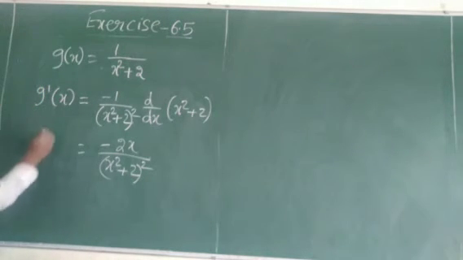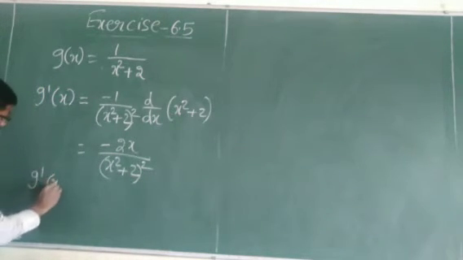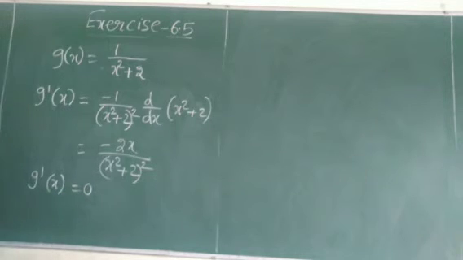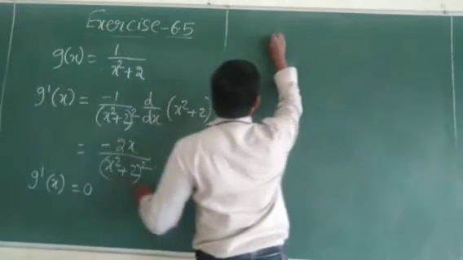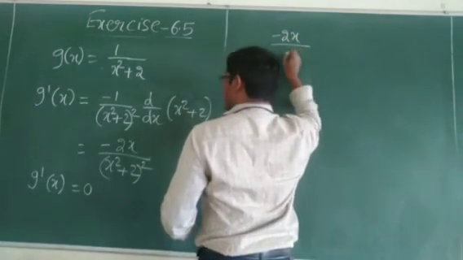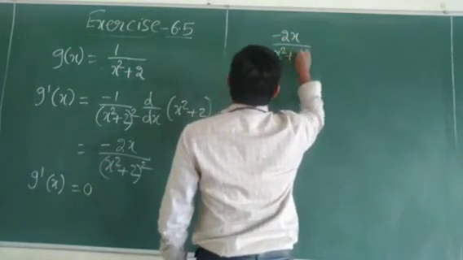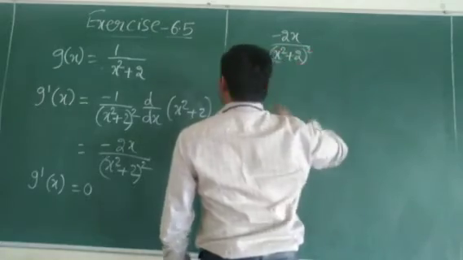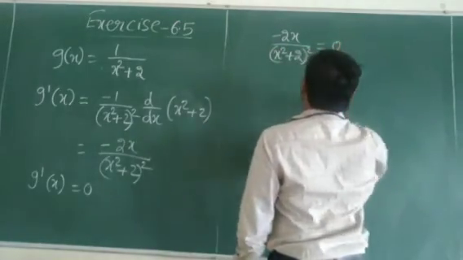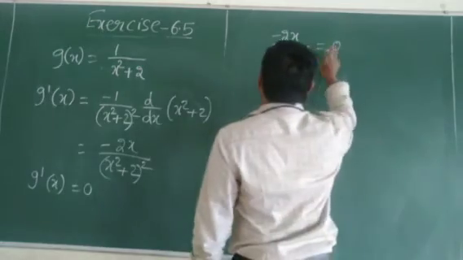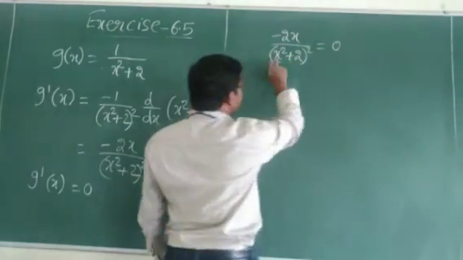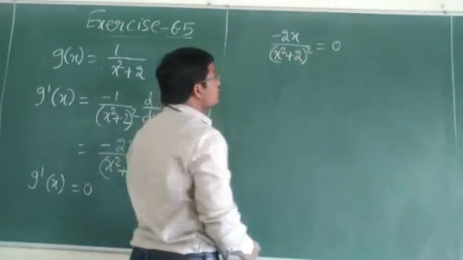Now we take the derivative equal to 0 for maximum or minimum. So if you substitute this, minus 2x by x square plus 2 whole square is equal to 0. You can observe the denominator cannot be equal to 0.